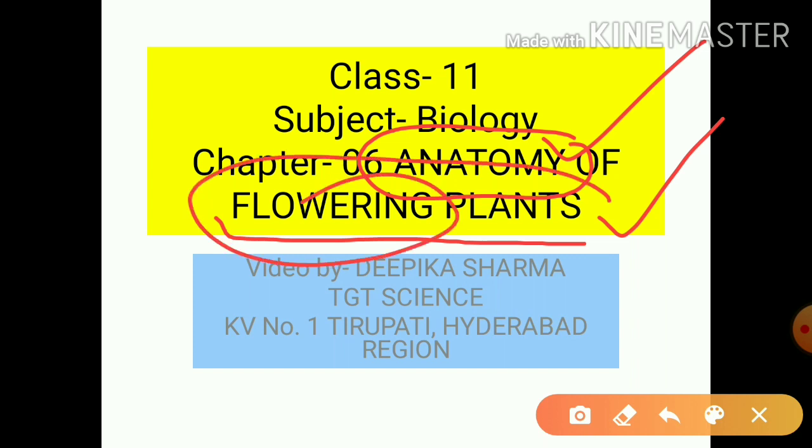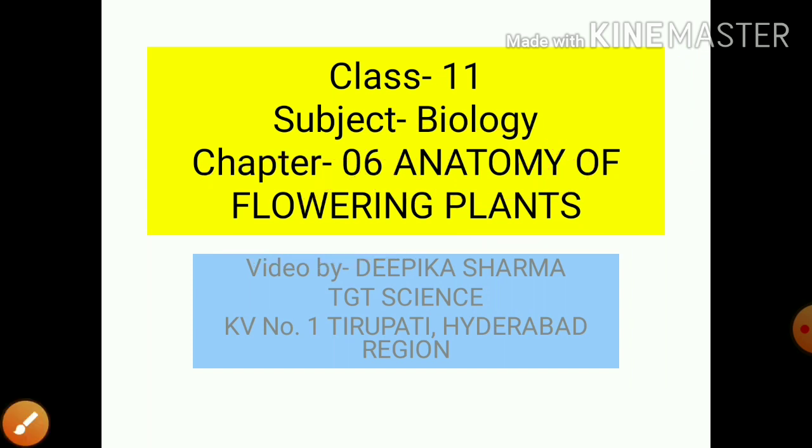Flowering plants are also known as angiosperms, and they are the most abundant plants on the face of the earth, and hence they are of the most interest also because we need them most. So that is why it is natural human tendency to know more about them.